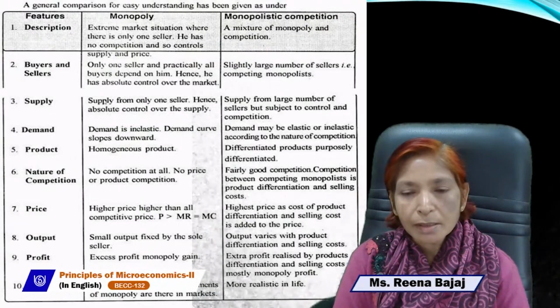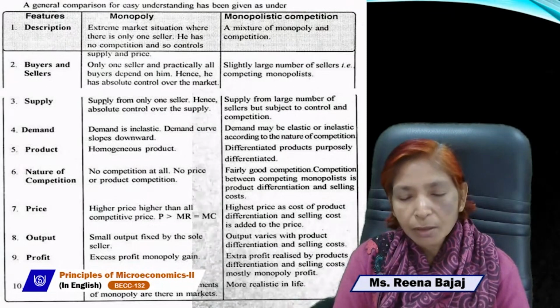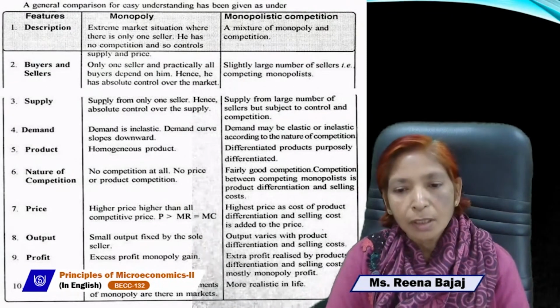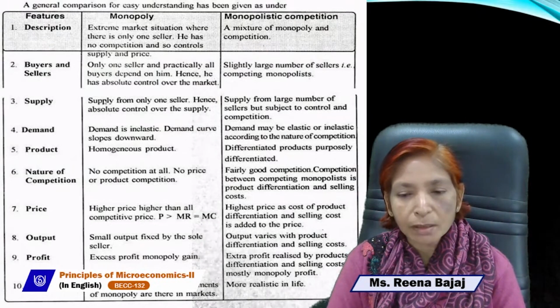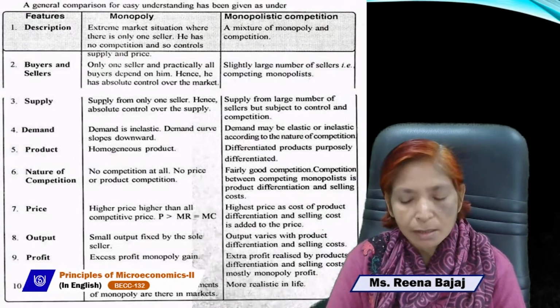So all sellers have very large competition because the product is differentiated and they have to include selling cost while selling their product, or they have to bear many marketing costs or marketing strategies for selling their product.